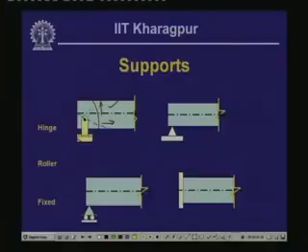It cannot move horizontally, it cannot move vertically, but it can rotate. So, the rotation of this end of the bar is allowed, and it can have some amount of rotation which we may designate as theta. Generally, when we look into problems, we show it in this particular form, which indicates that it is a hinge support or pinned support.